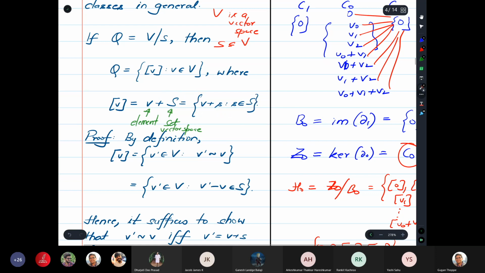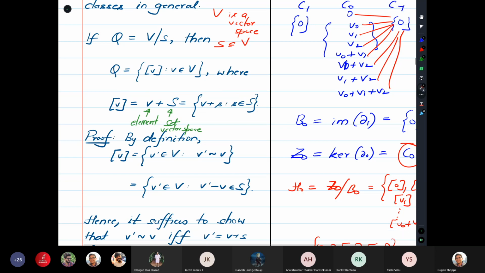This V plus S is another set and its elements are V plus little s, where little s lies in capital S. So this equivalence class of little v is the collection of all elements of the form V plus S, where V is this same V and S is an element in S. So you take V, add every possible S to this V, obtain the different elements and put them in a set, and that set will correspond to the equivalence class of V. So I hope you are able to appreciate that this gives an explicit way of figuring out what the equivalence class of any element should be.